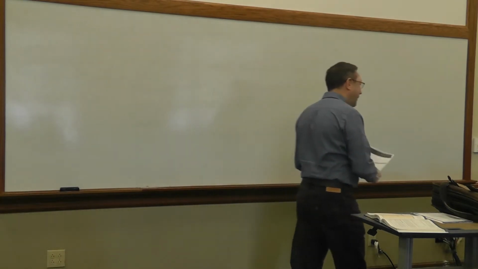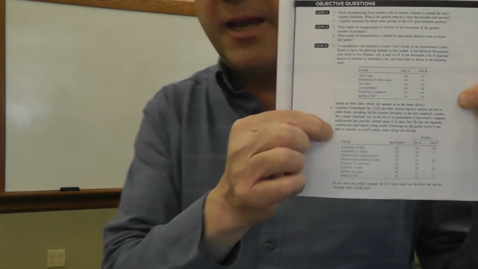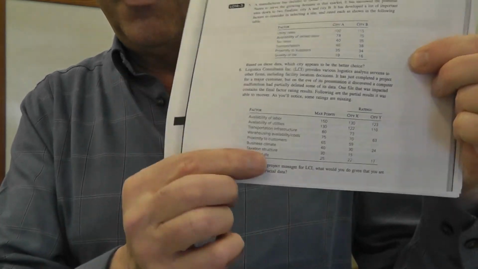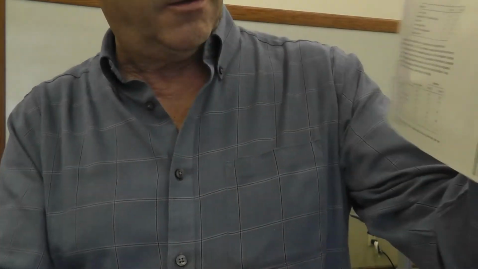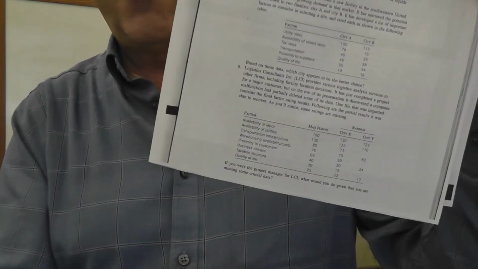Problem 6 is a little more interesting and actually makes you think a little bit. I don't know where they came up with this one, but we have similarly another set of data, but as a result of a data crash in a computer, we're missing some numbers for one of the sites.